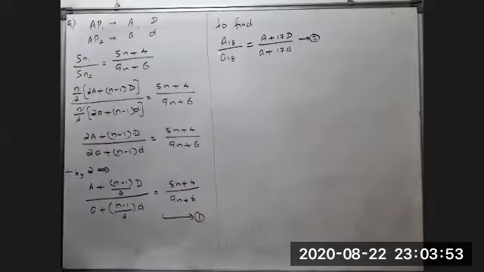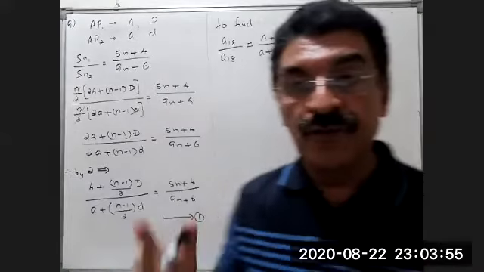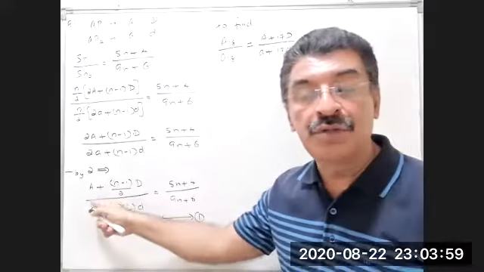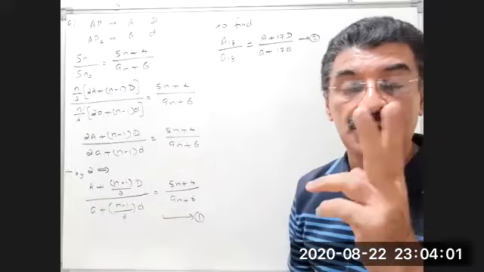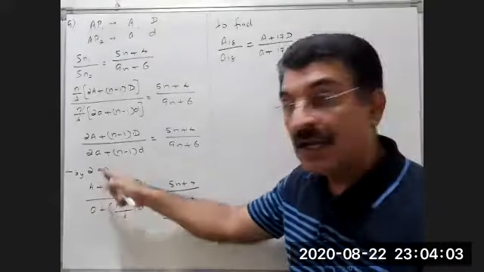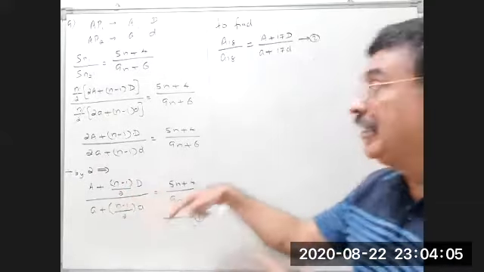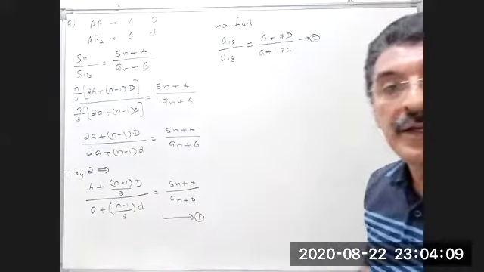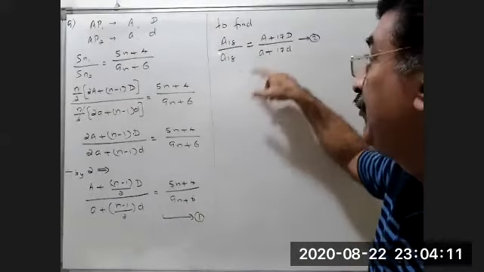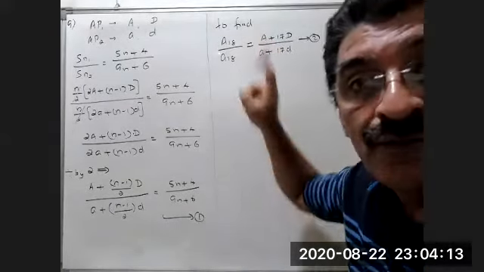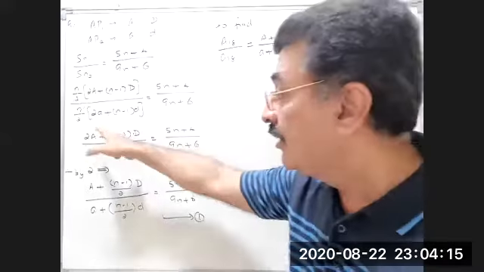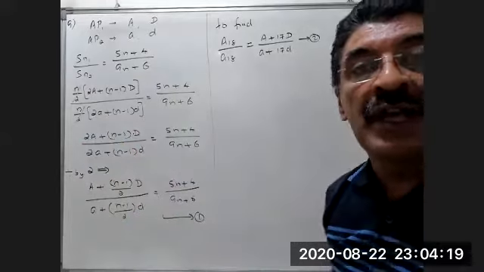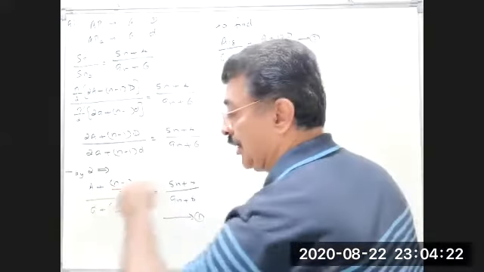Again, the thing to remember: why did we divide both numerator and denominator by 2? The reason is our required formula has the coefficient of A as 1. That is why, to make this coefficient of A as 1, we divided by 2.